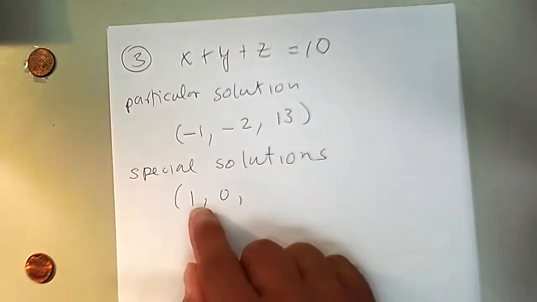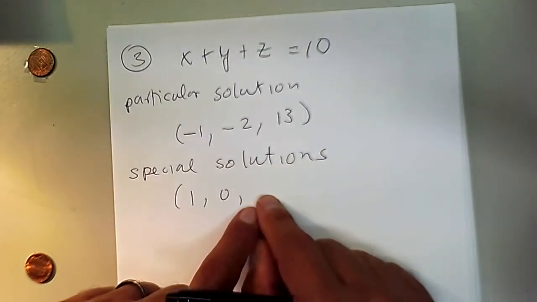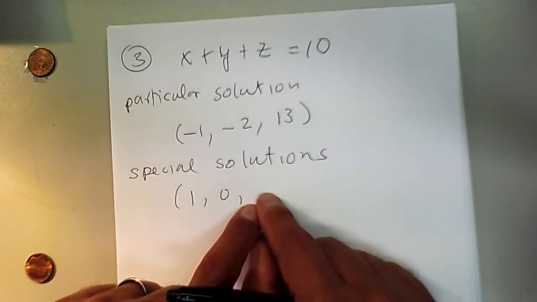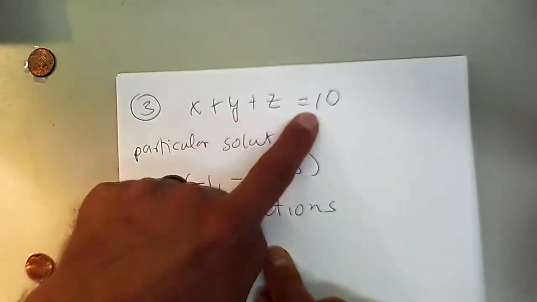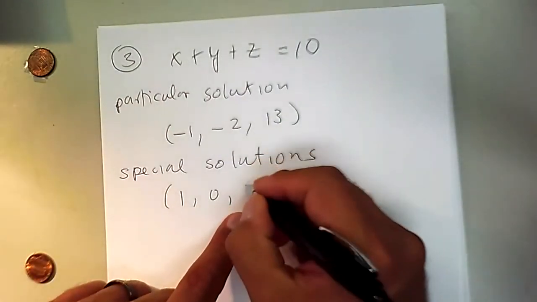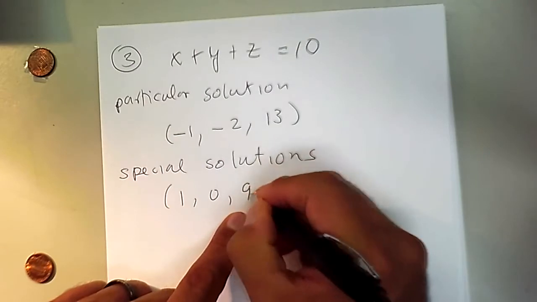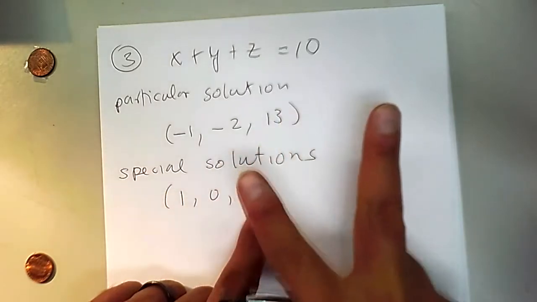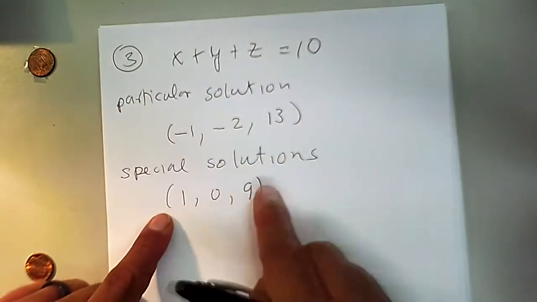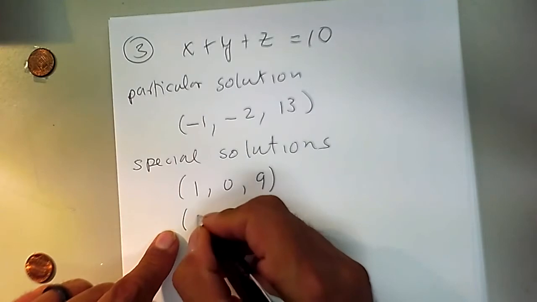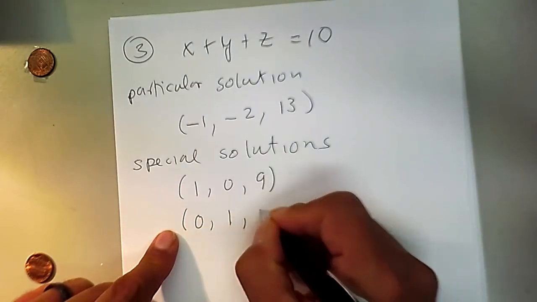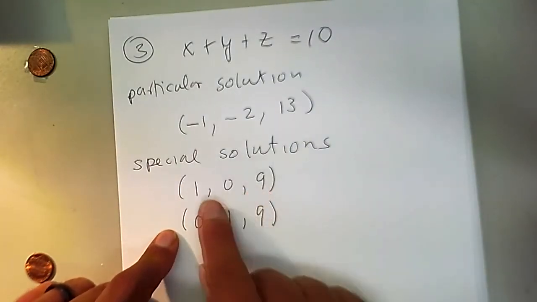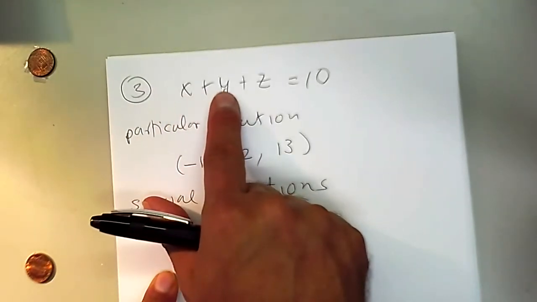And then the dependent variable, the one that is not free, to be whatever it has to be in order for the equation to work. So in this case, we need it to be 9. All right, so this is one of the special solutions, and there are two special solutions: 1, 0, 9, and the other one will be 0, 1, 9, assuming that x and y are the free variables.